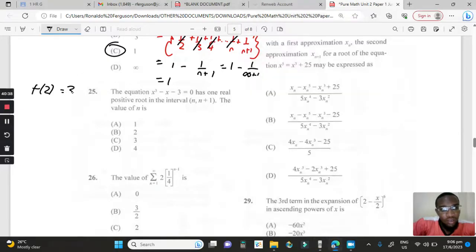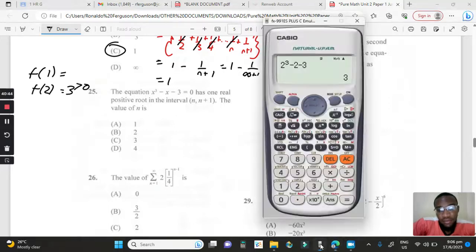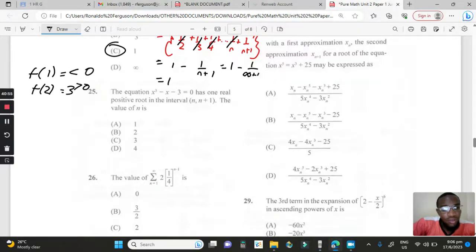That's equal to 3, which is greater than 0. I'm going to put in the 1 now. Change it to 1. 1 cubed minus 1 minus 3. Less than 0. Very good. So therefore the root lies between 1 and 2. So in that case, n is 1. Yep, n is 1. A.